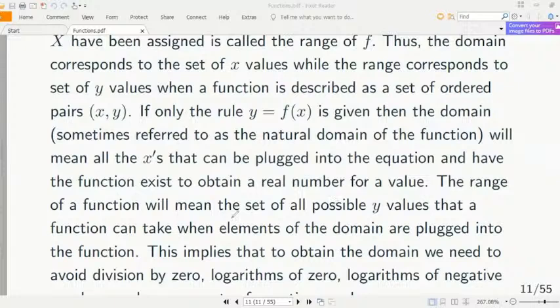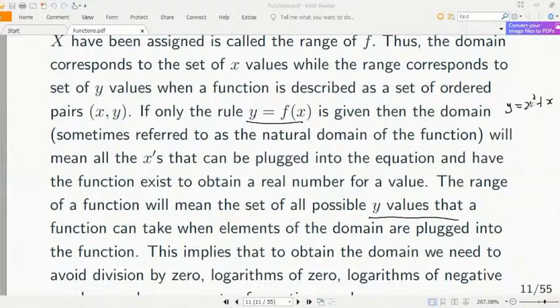What about the range? The range of the function, if we have only been given this, will mean the set of all possible y values that a function can have when elements of the domain are plugged into the function. For instance, if I'm given y is x squared plus x.